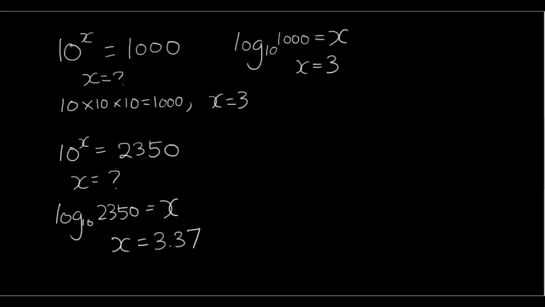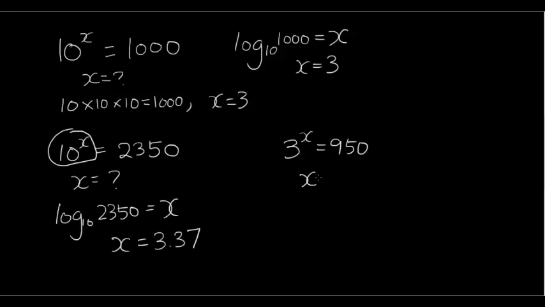So now we can solve any indicial equation where the base is 10. 10 to the power of x equals something. We can find out what x equals. But how will we do something like this one, where we have 3 to the power of x equals 950?